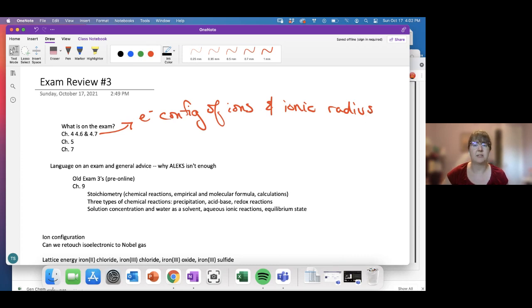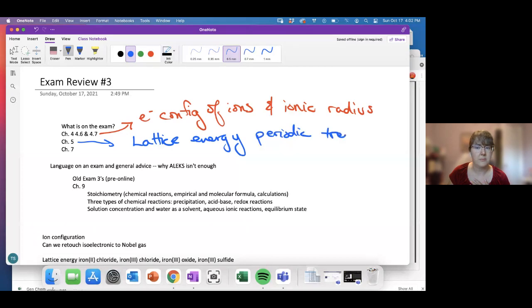We've talked in the past about what things wind up coming back, what things may or may not come back. This exam is really strange for this, because Chapter 5 also has lattice energy, and lattice energy has a little bit of things where you might need some periodic trends, perhaps. Chapter 7 winds up still needing most of Chapter 6.